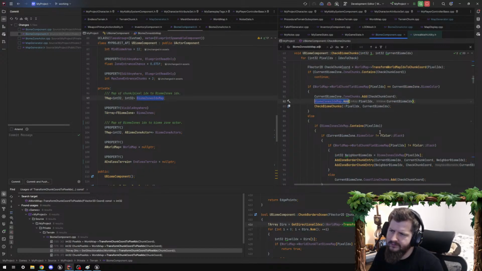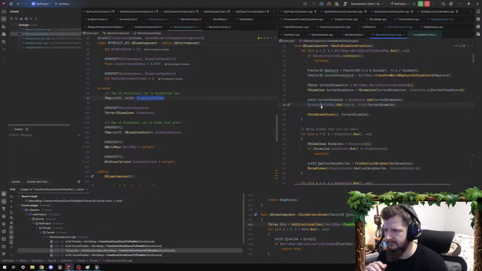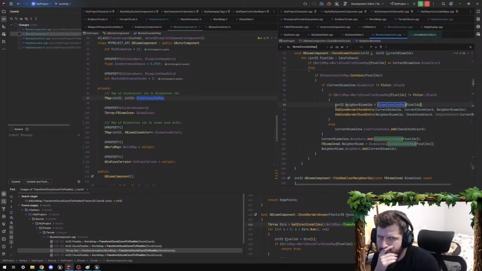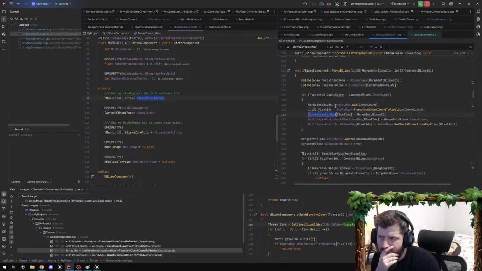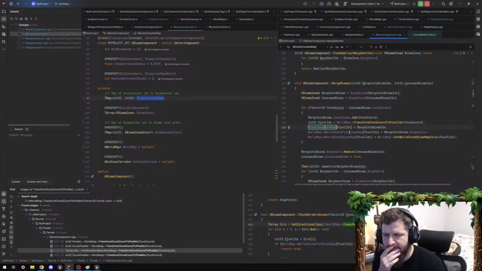Oh, is this wrong if it consumes a biome? Yeah, here's where I set it, in my merge biomes function. I reset the merge into biome index.